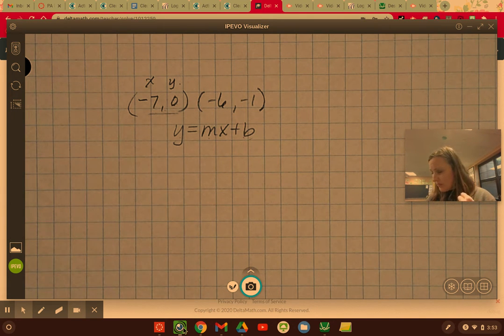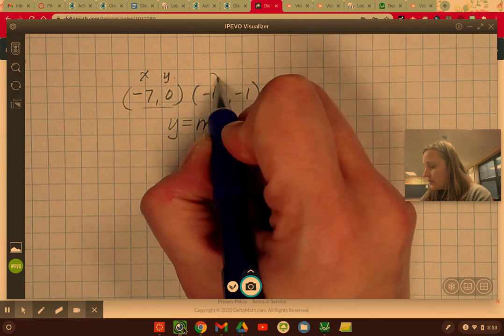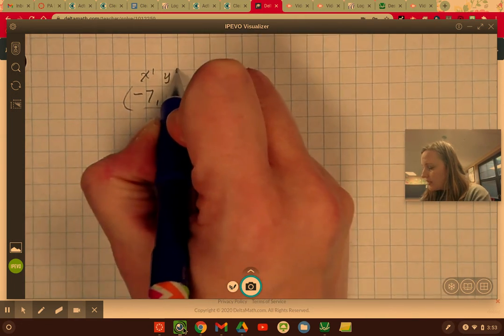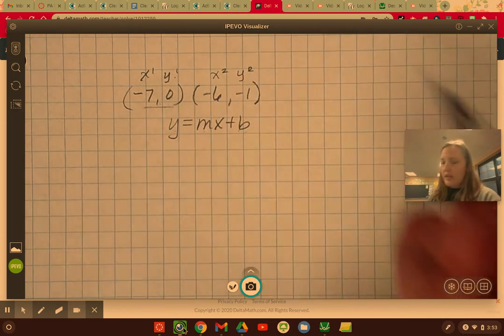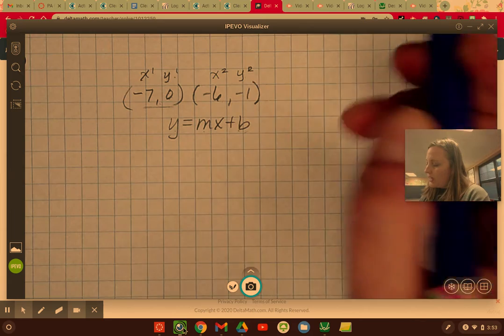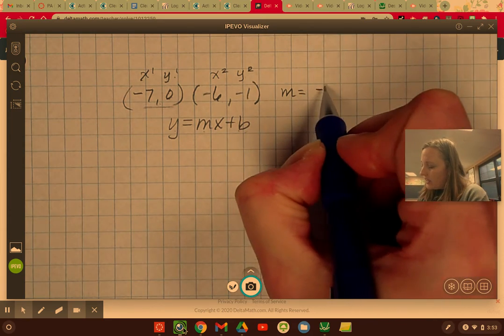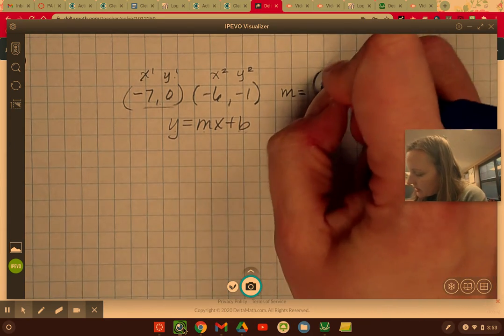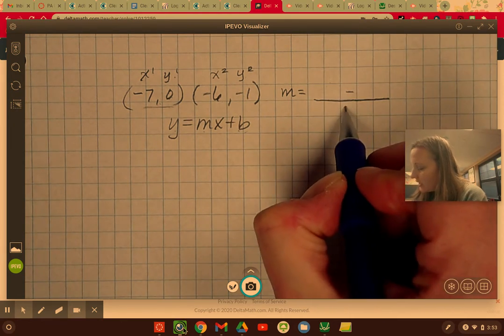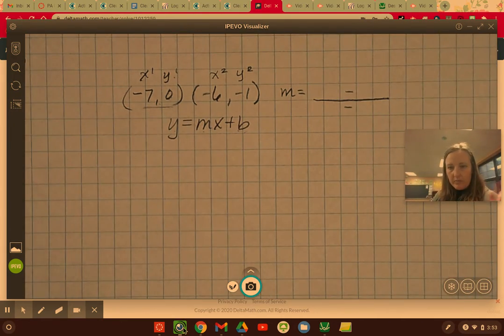So I'm going to use the slope formula. Let's make these guys the 1s and these guys the 2s, right? As a reminder, we're going to subtract y sub 2 minus y sub 1. If you struggle with this, I always draw my vinculum and I put subtraction, okay?